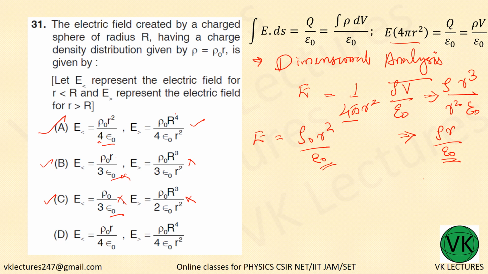Now look at the last option, rho naught r by 4 epsilon naught, this is not correct anyway. Now rho naught r power 4 by 4 epsilon naught r square, this can be correct. Okay, but in the last option, since this cannot be correct, the only one option which is having the same dimension as electric field as we discussed here, option A is correct.